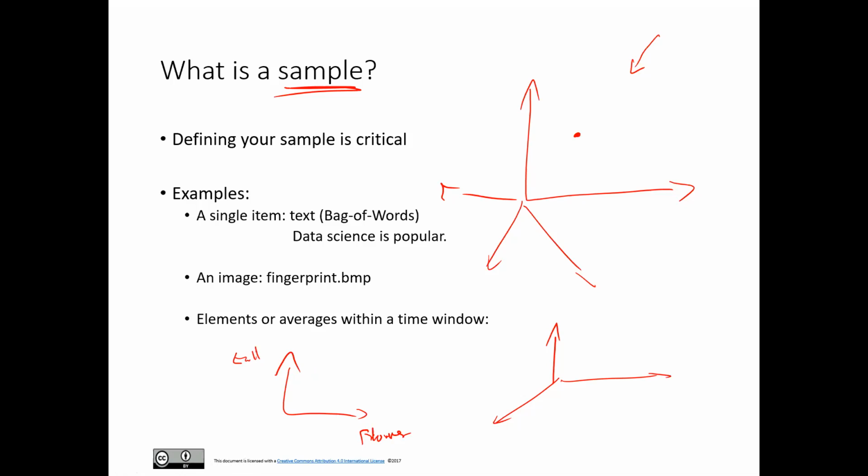You have some trees that are not very tall and don't have flowers, trees that are very tall but don't have flowers, trees that have a lot of flowers but are not very tall, and trees that are very tall and have a lot of flowers, and anything in between. So that's how you represent the data in these spaces.